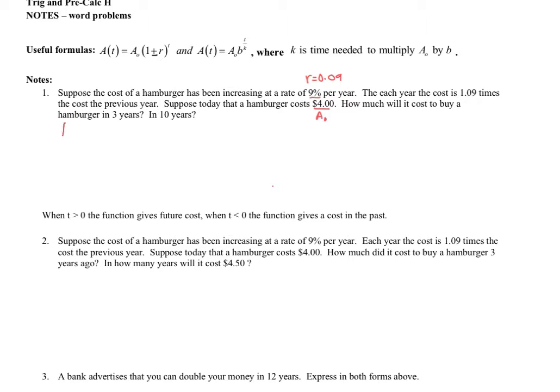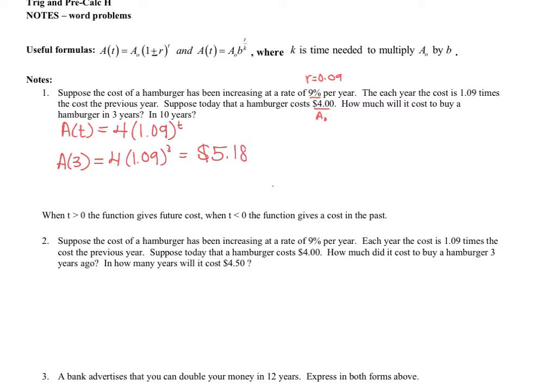So initially, my function, we have my initial amount 4 times 1 plus 0.09, which gives me 1.09 to the t. So to find the amount in 3 years, I'm going to just have to plug in 3 for t and plug that into my calculator.